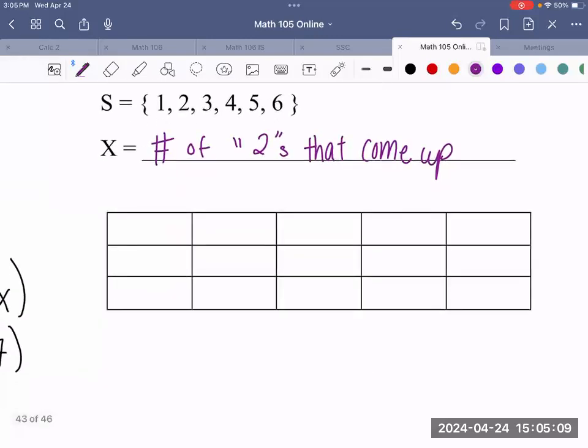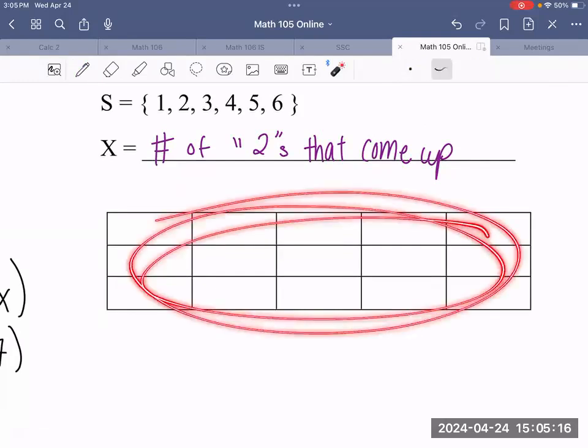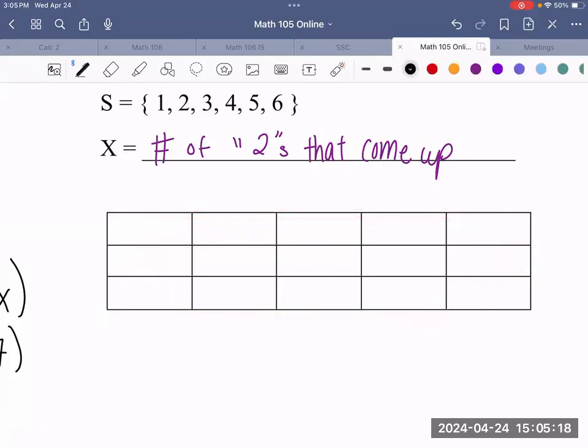I would pause the video, do your dice rolls, and record all of the rolls that you have here. Now I'm going to do one that is pre-recorded. 3, 6, 2.